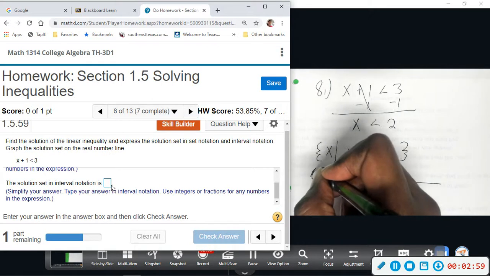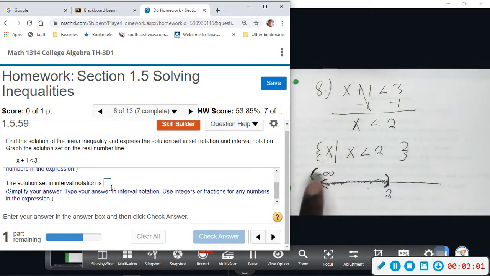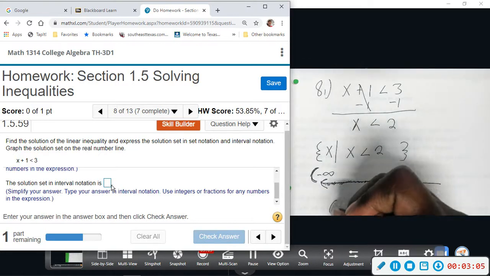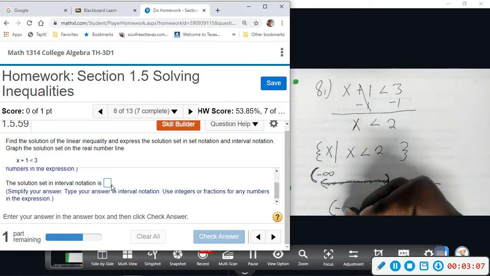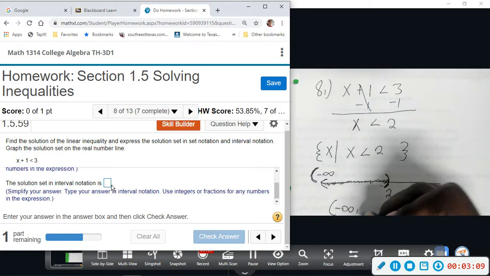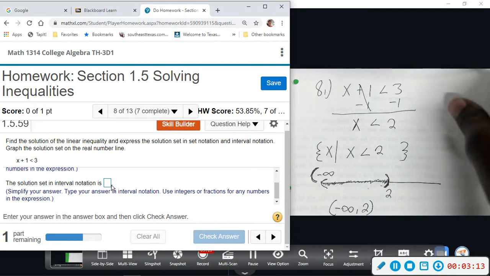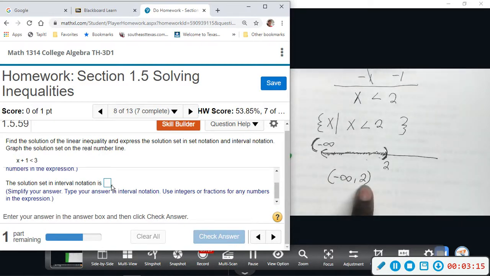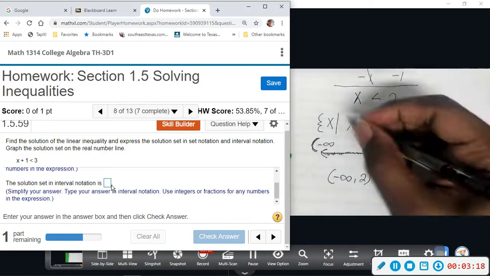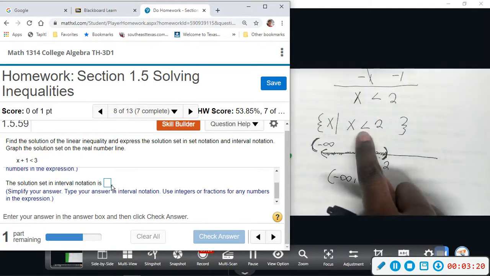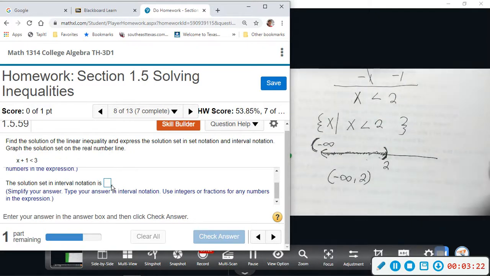You always put parentheses on infinity. So our interval notation will be like this: negative infinity up to positive 2, and you do parentheses. Again, we do parentheses because we do not have the equal to, the underline below it. If we did, we would use a bracket instead of parentheses.